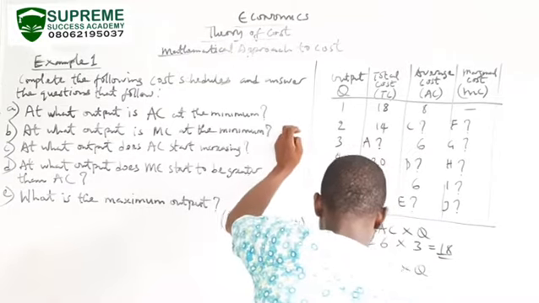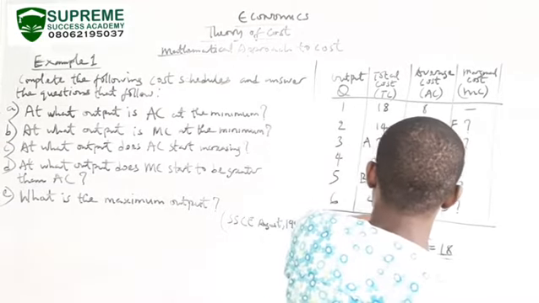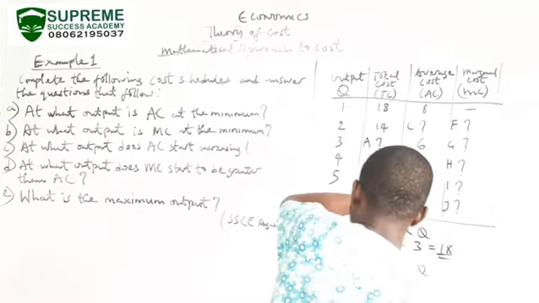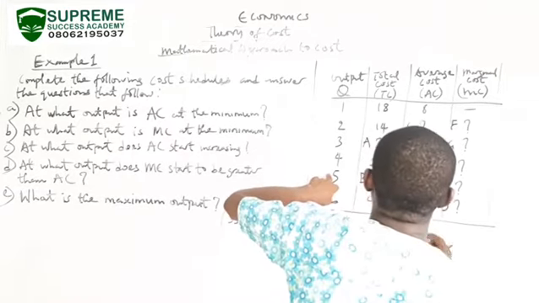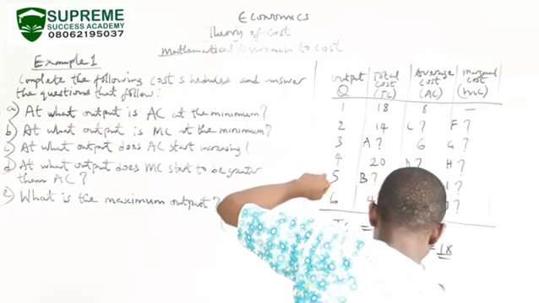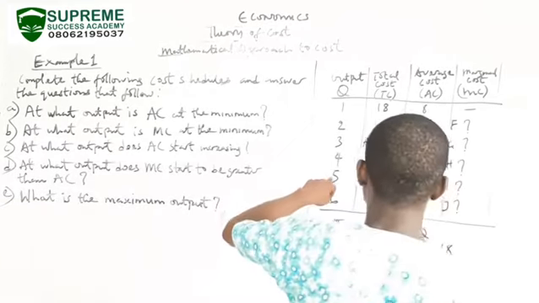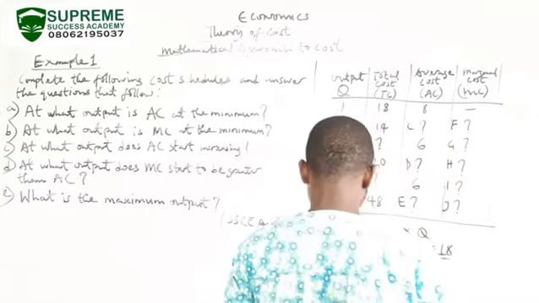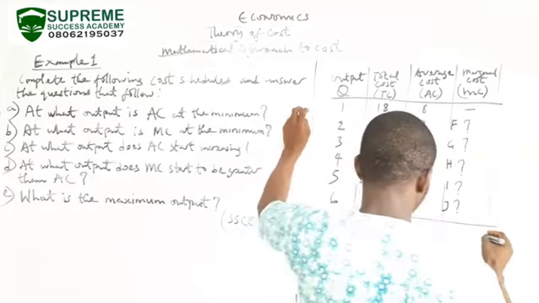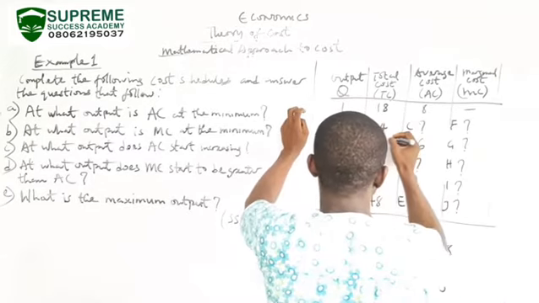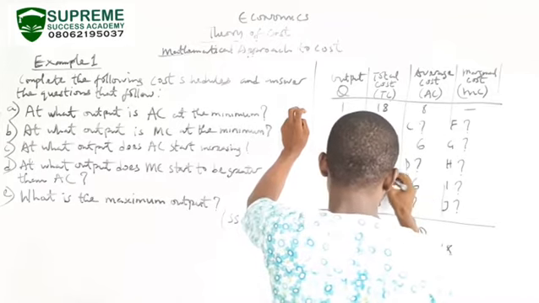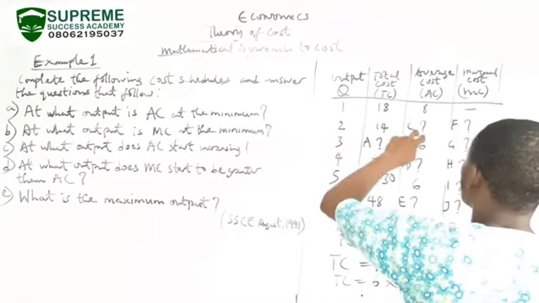Then the total cost is equal to the average cost, which is also 6, multiplied by the output, which is 5, equals 30. So the answer for this one is 18. This one is 30.